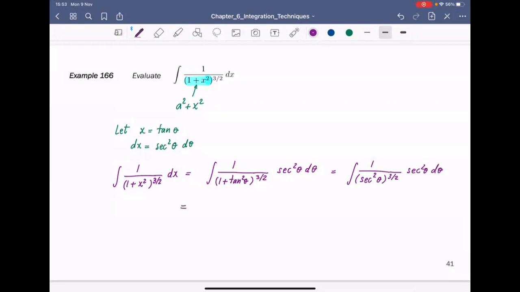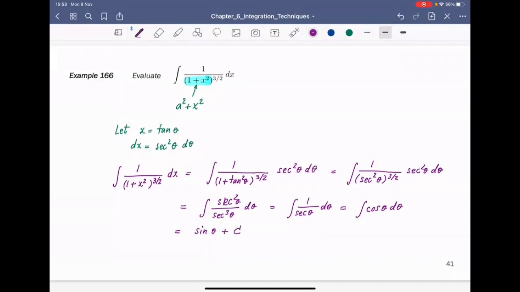So secant squared raised to the 3/2 is secant cubed. On top you have secant squared, and you have 1 over secant. Super clean here. So you integrate cosine, which means you have sine theta plus c.